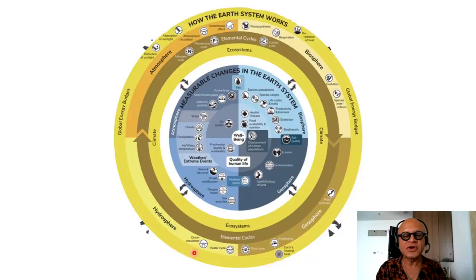Under the hydrosphere you have ocean circulation and the water cycle, for example. Okay, so the outside you have energy balance, energy coming in, going out, and redistribution of heat. So the global energy budget is in there. Elemental cycles, of course, include carbon, nitrogen, phosphorus, and so on.